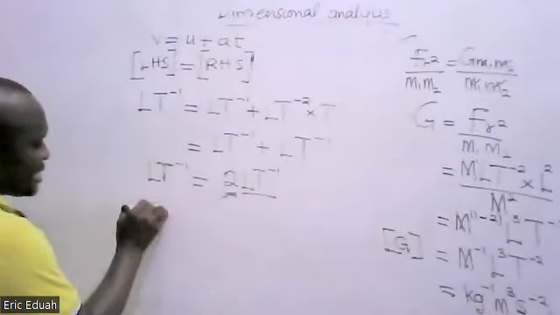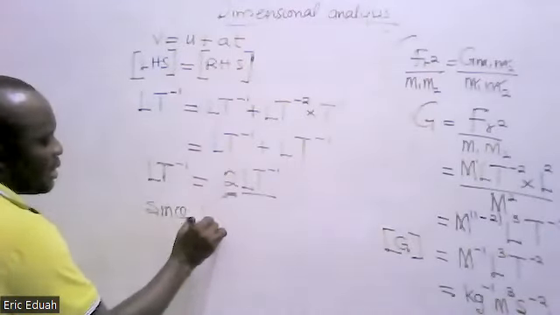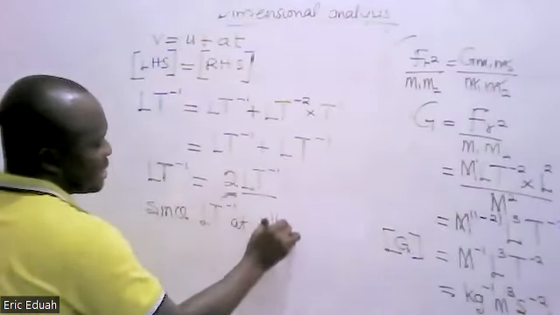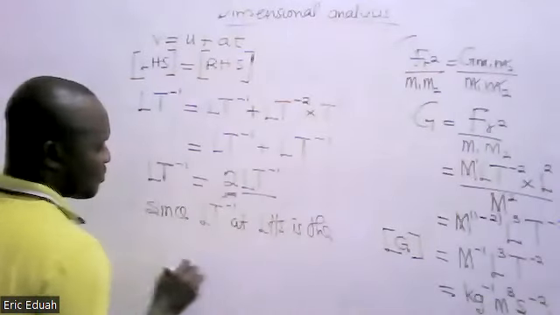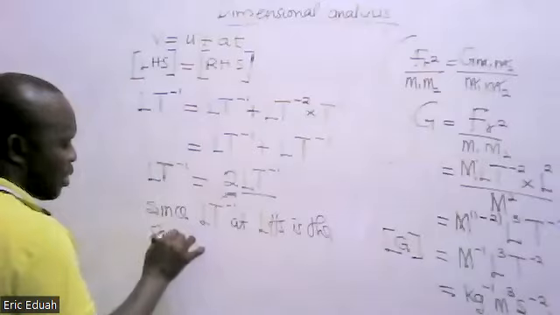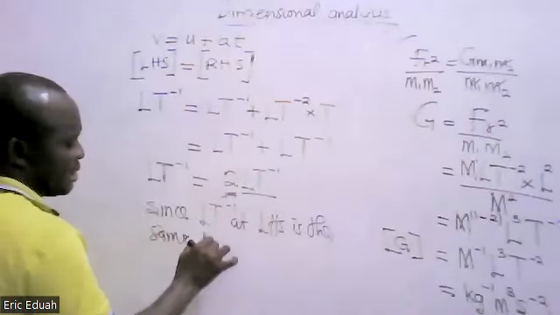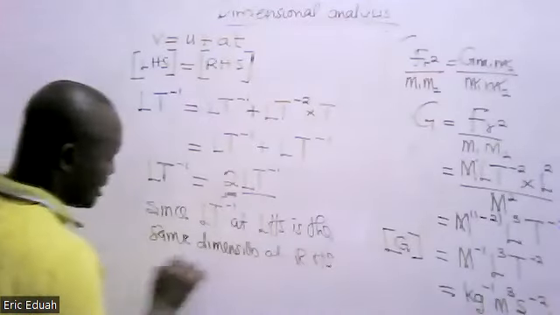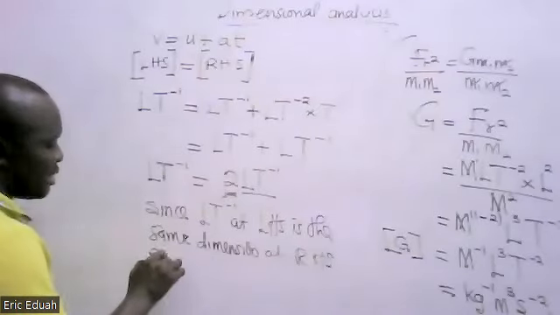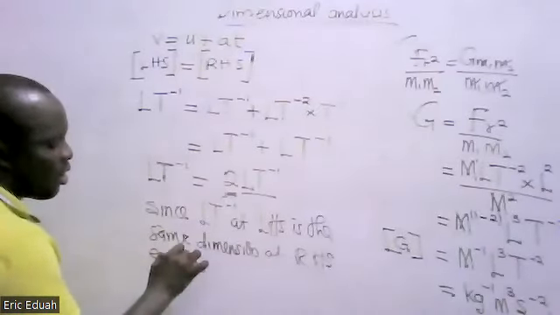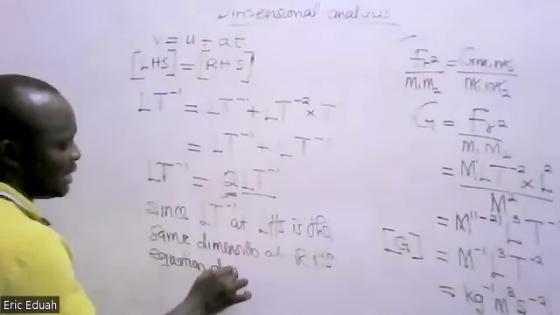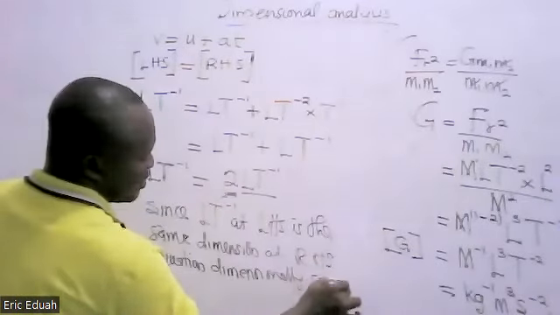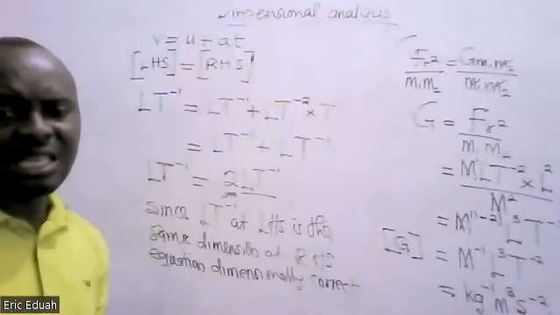Therefore, since LT to the power negative 1 at LHS is the same as the dimension at the right-hand side, the equation or relation is dimensionally correct, or the equation is valid.